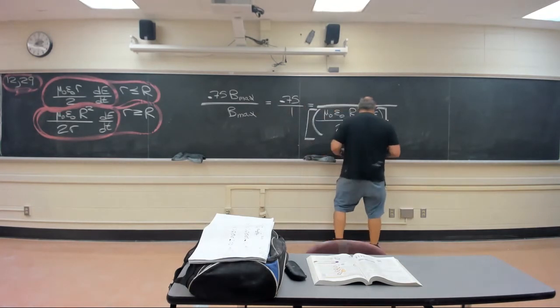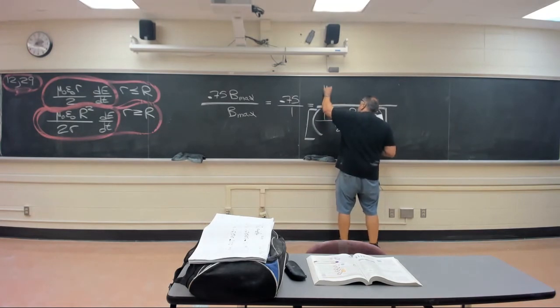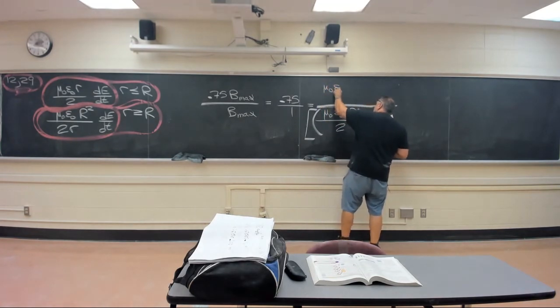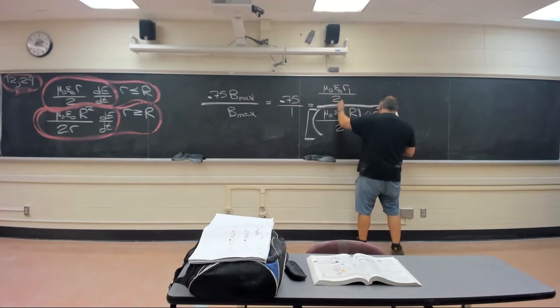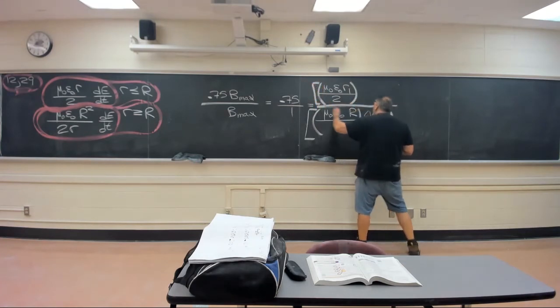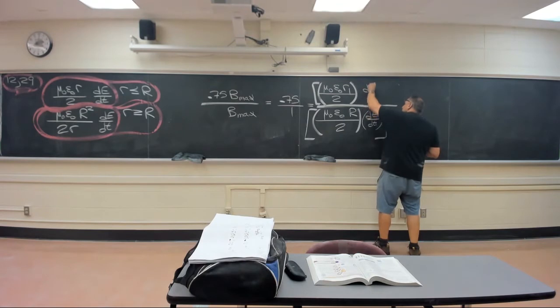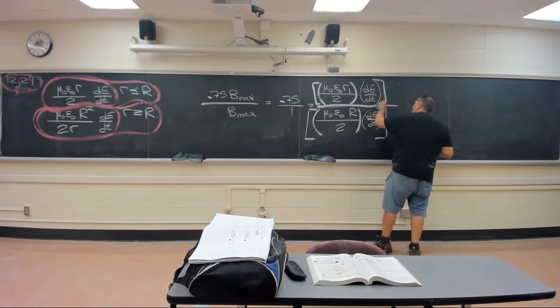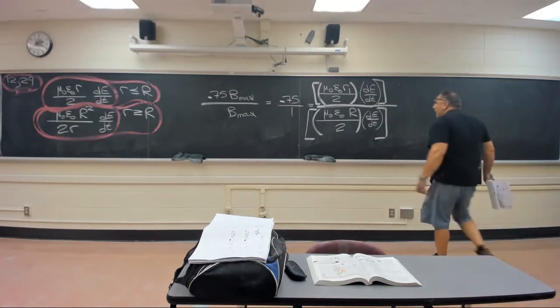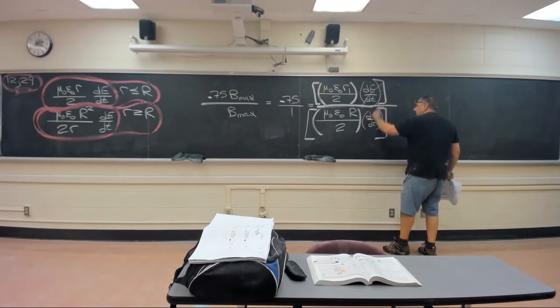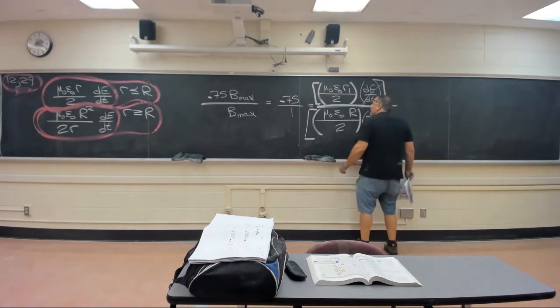75% of that would be, I guess, there is a mu 0 epsilon naught R1 over 2 dE/dt. Well, okay, dE/dt, dE/dt, gone.